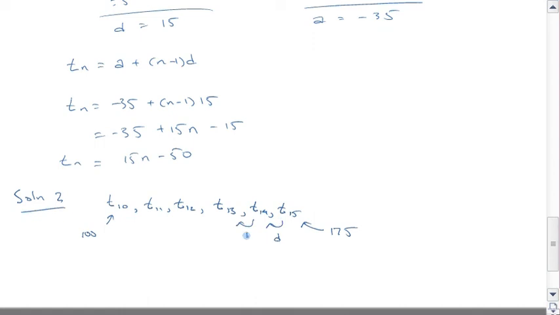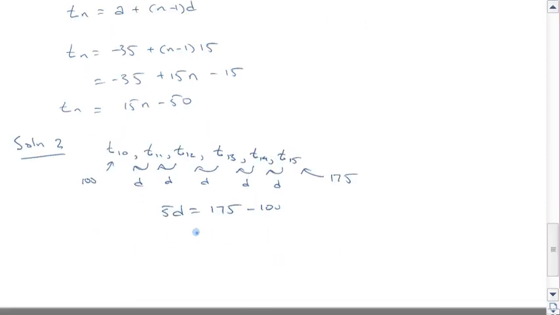So what I want to think about is how many copies of those d's do we have between T15 and T10? Well, we have 1, 2, 3, 4, 5, right? So 5 copies of d makes up 175 minus 100, right? This total difference. So that's 5d is equal to 75. And now I can divide both sides by 5 to give me d is equal to 15.